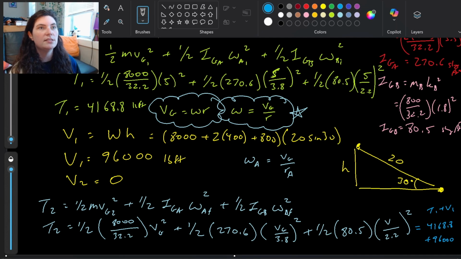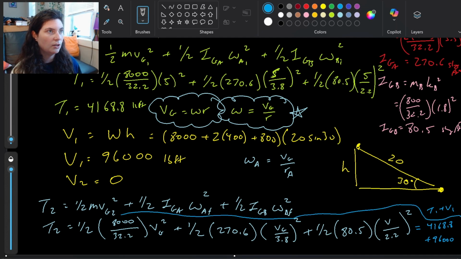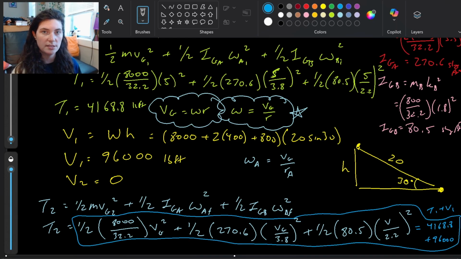So now we can see this is all together in one big equation where I can substitute things into my calculator and solve for this velocity. I can solve for what that vG is. And when I find that vG is 24.5 feet per second, I can substitute that in over here for omega B equals vG over RB.